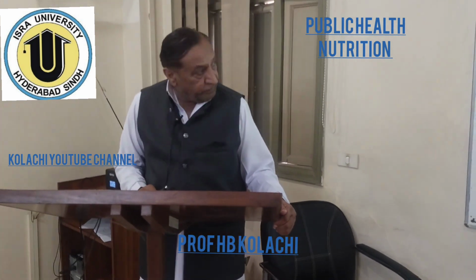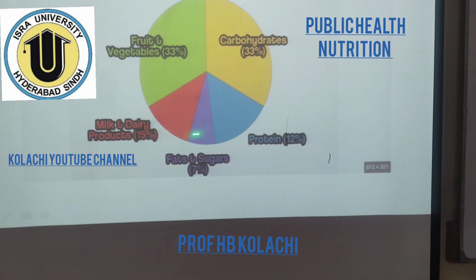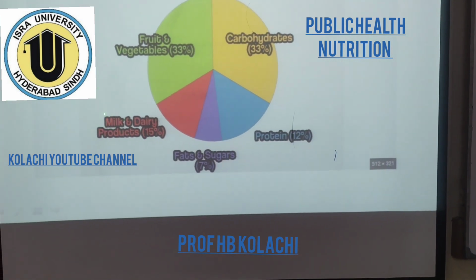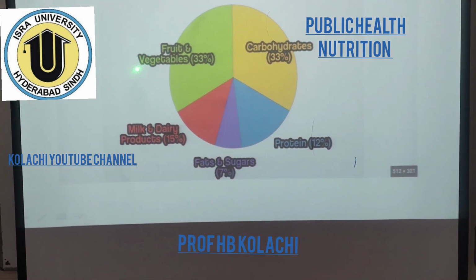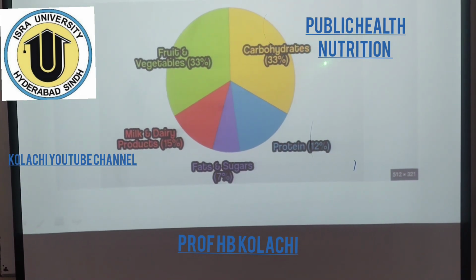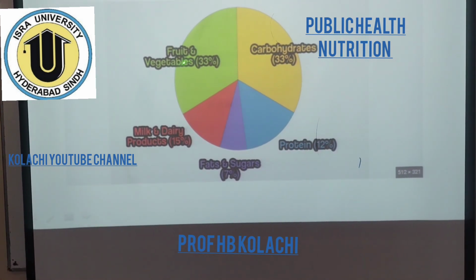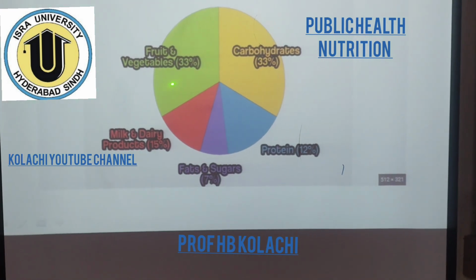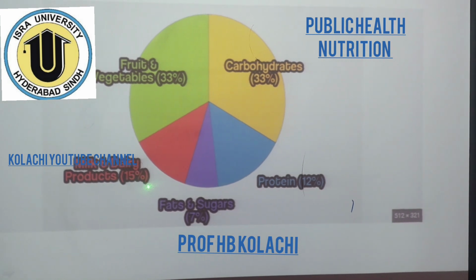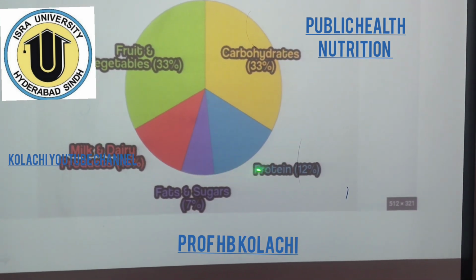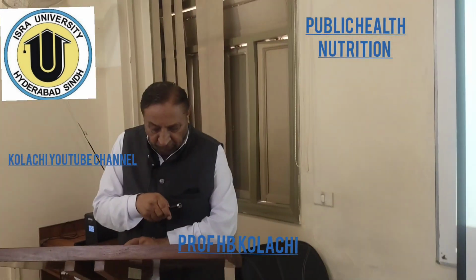So this shows how the cycle of nutrition works, and this is basically a food plate. You can see that the carbohydrates or grains are 33%, then vegetables 33%, and then protein and minerals and others are in a smaller portion.